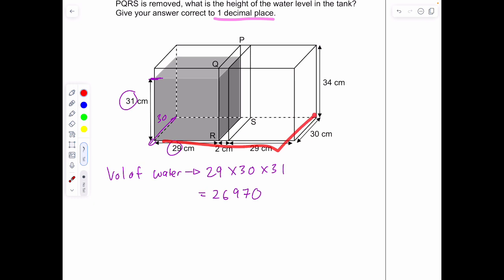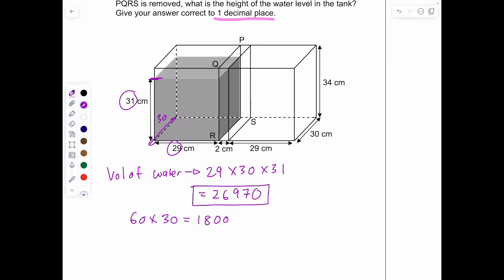This will give me the base area, which is 1800. Now, this over here is the volume, correct, of water. So now I want to find out what's my new height.